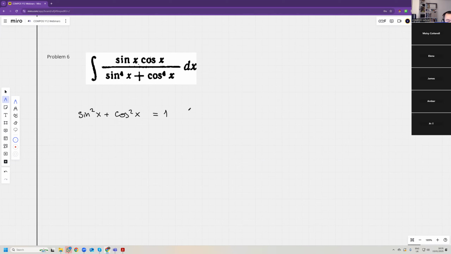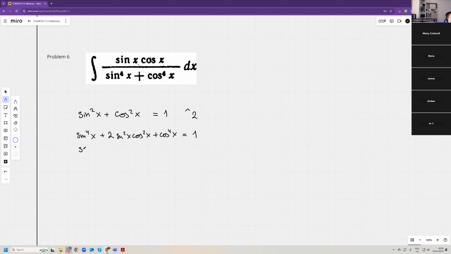I'm going to square both sides. So that makes it sine to the power 4x plus 2 sine squared x cos squared x plus cos to the power 4x. And that's equal to 1.